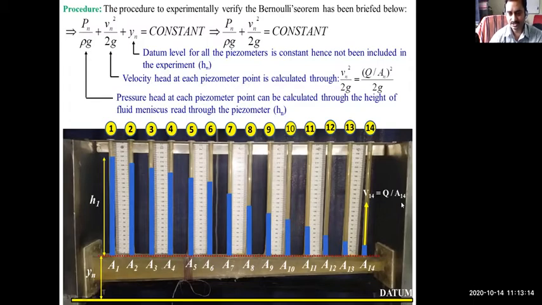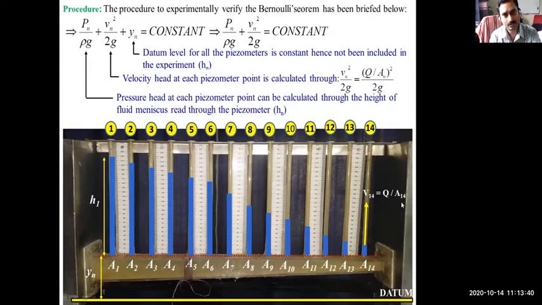The discharge can be found as I showed in the first slide, where you have a collecting tank. The cross section of the collecting tank is known to you. At steady state, you allow the collecting tank to fill up to a certain height, and that height is in your hand.